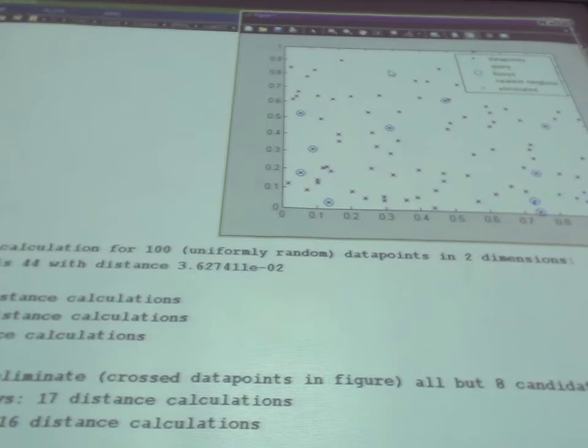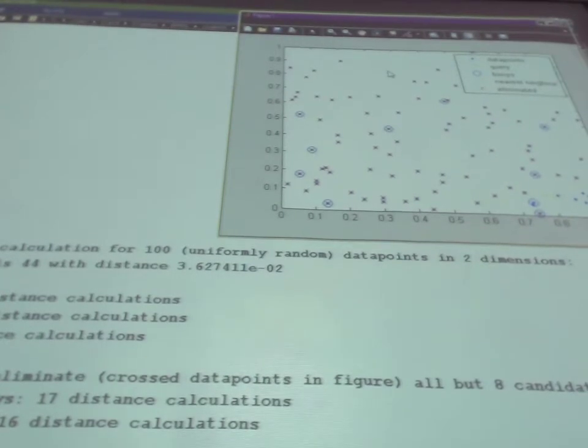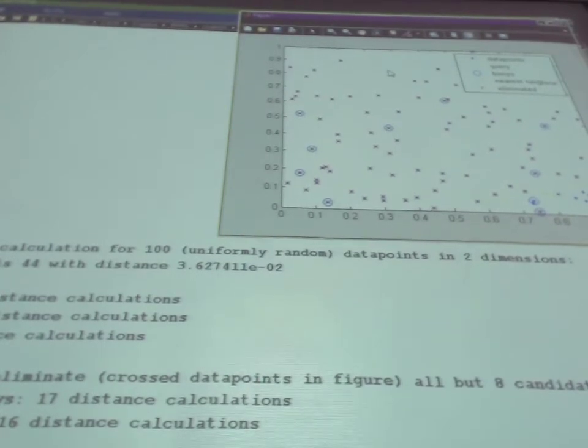So there are 100 data points, so the naive method would require 100 distance calculations. The naive method, of course, is just computing the distance between the query and each of the 100 data points individually, sorting them using some sorting algorithm, and picking the lowest.